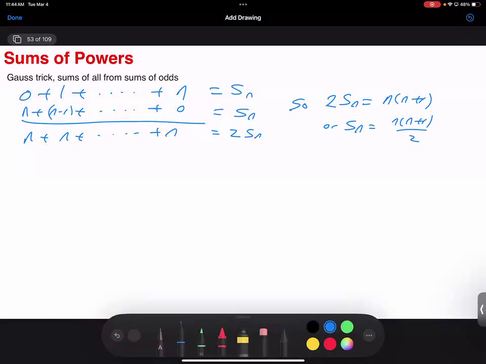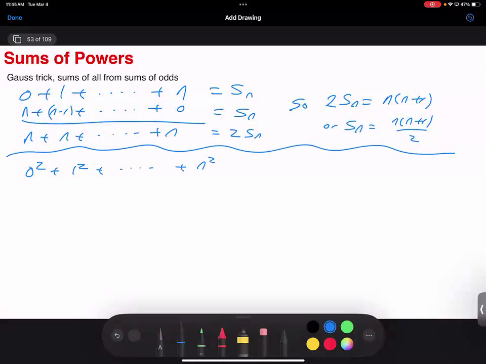What you would love to do is now use Gauss's trick to evaluate the sum of squares, or sums of cubes, or sums of fourth powers. But we can't do that. Right? Or can we? Well, what would we do if we had sums of squares? So 0 squared plus 1 squared plus ... plus n squared. If we tried to write it backwards, we would have n squared plus (n minus 1) squared.